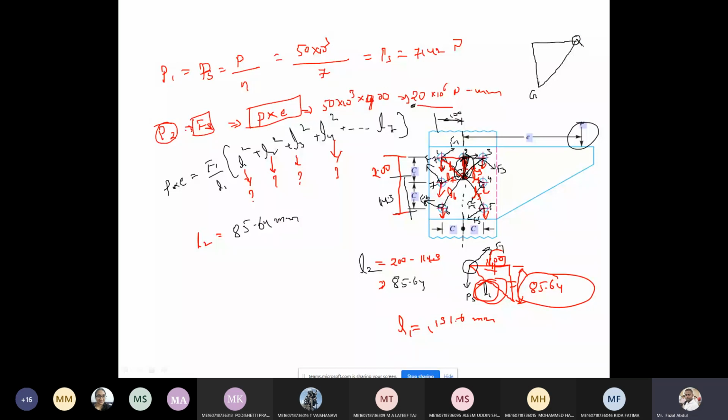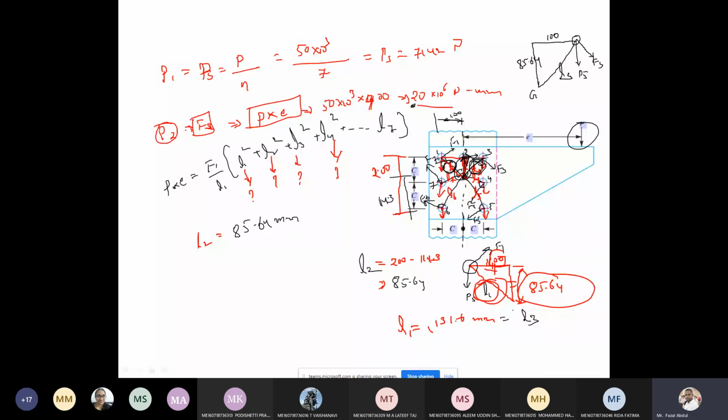The third rivet has two forces: one is F3, and one is the direct shear. And this is L3. This value is given in the question as 100. This value we got as 85.64. L3 is the same as what we got for L1, because L1 we got on this left side. If we calculate L1, L3 is also the same.